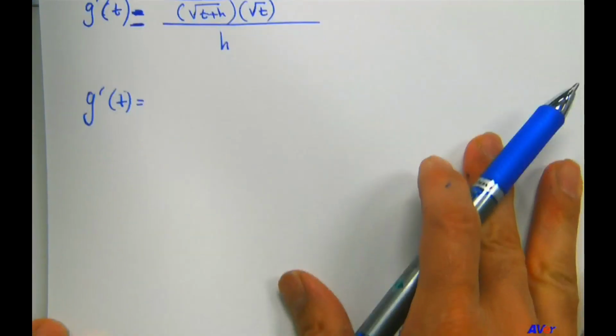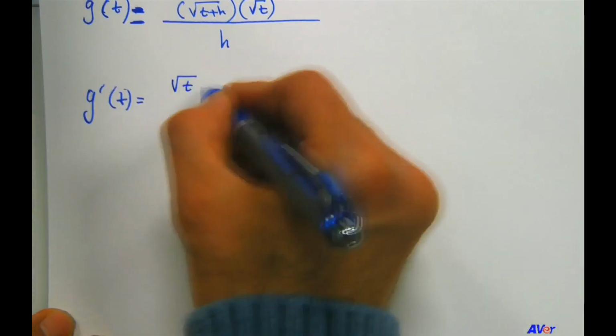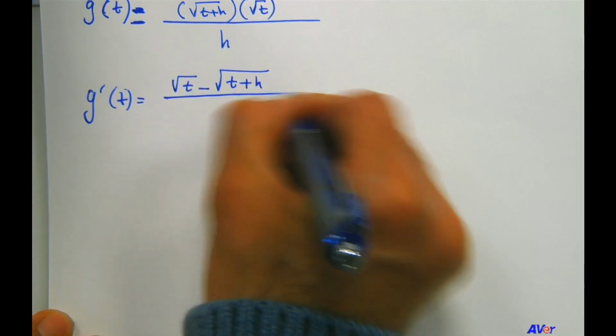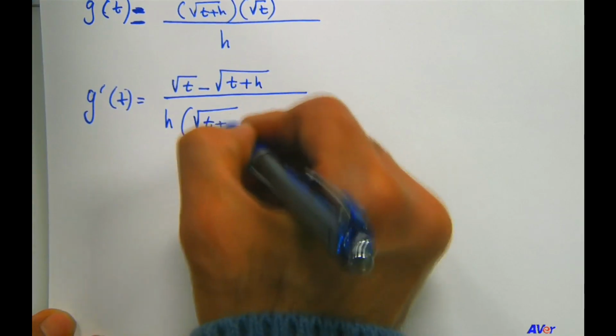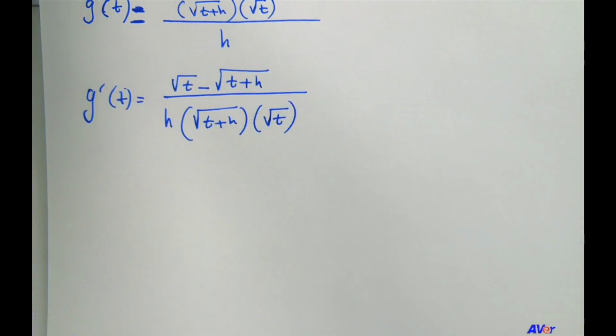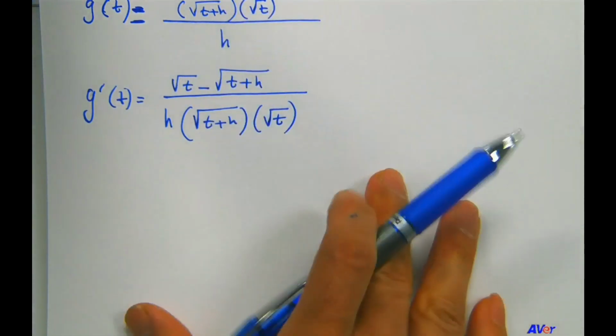No worries, we're just going to go to the next page. And so simplifying that, we get square root of t minus square root of t plus h, divided by h times square root of t plus h times square root of t. Right? This is just simplifying this complex fraction to this.